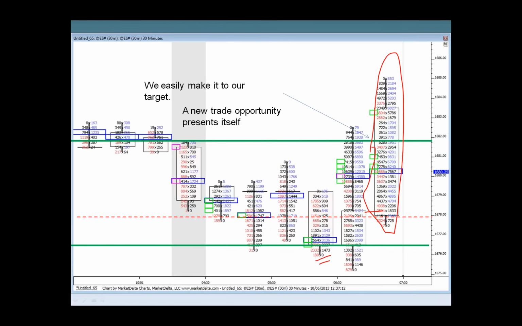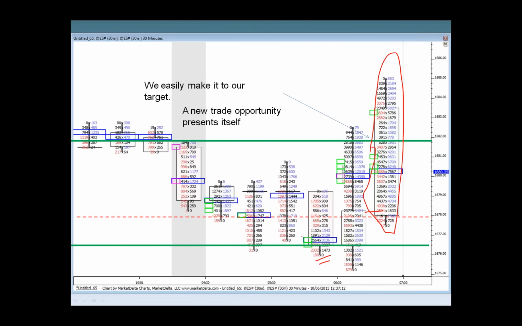If they're in fact planning on pushing this market higher, if prices were to dip back to this point, they're going to protect it, and you will see prices move higher yet.